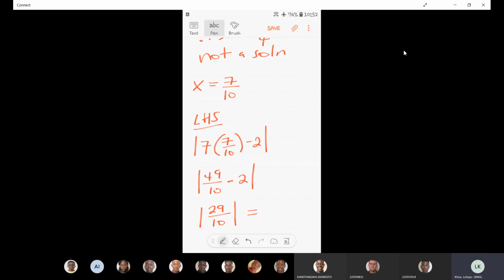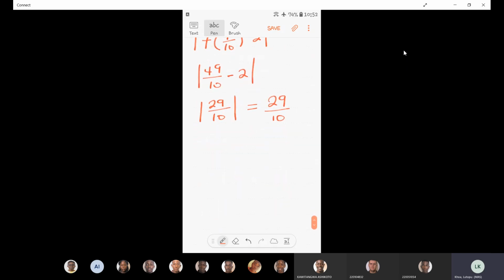And this is just equal to 29 over 10. Then on the right hand side, we have 3 times x, which is 7 over 10, minus 5. Okay, so here I have 21 over 10 minus 5. And this is equal to negative 29 over 10.